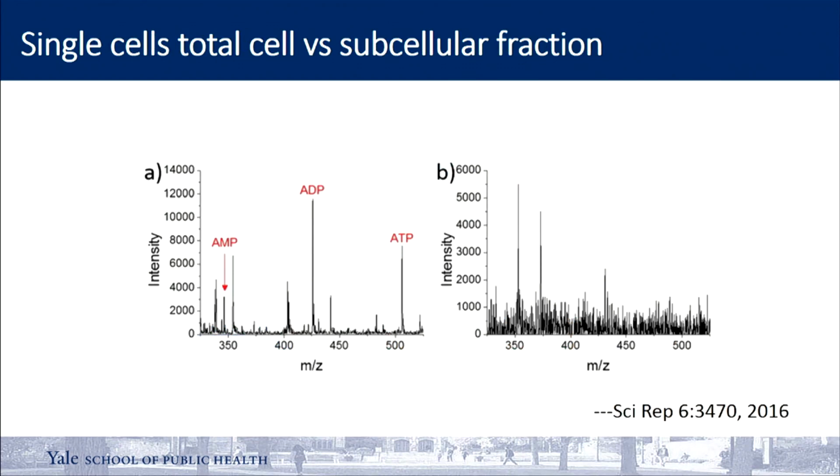I like this slide and I wanted to show it to you because, as you can see, here is the single-cell mass spectrometry from a plant cell, and here you can see the same thing from the cytosolic fraction. You can see there is a little bit more noise, but you can clearly start getting some signals.